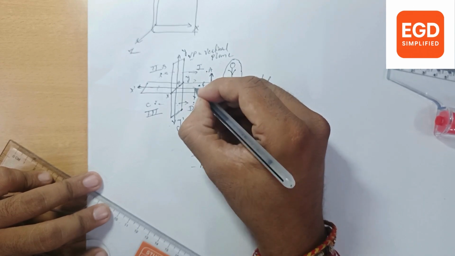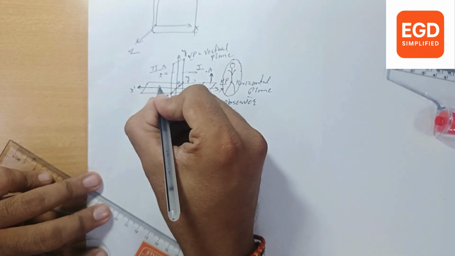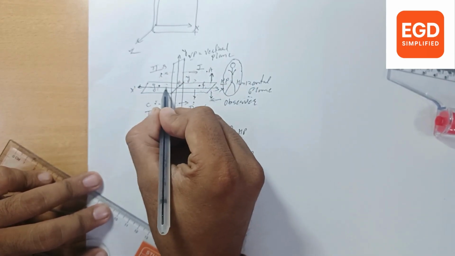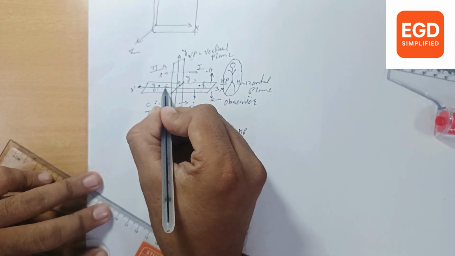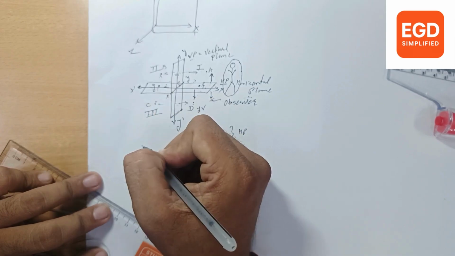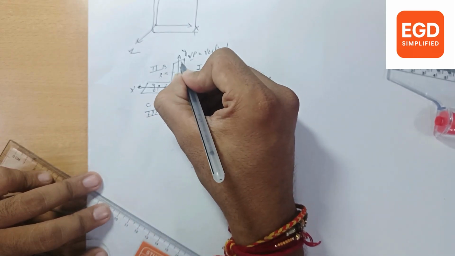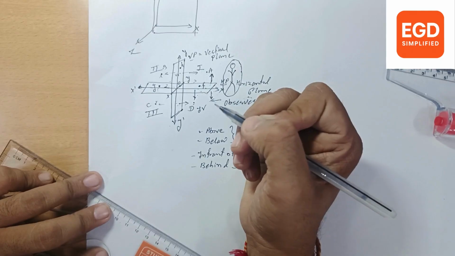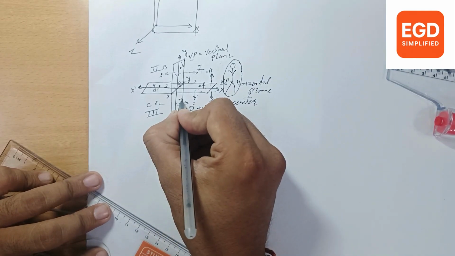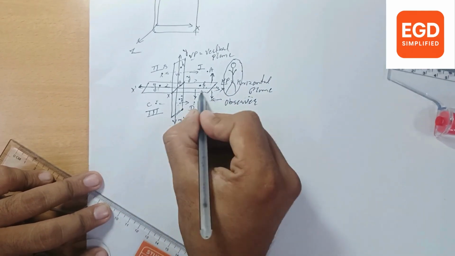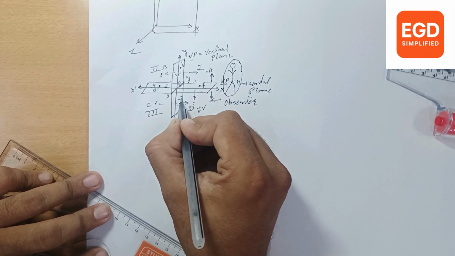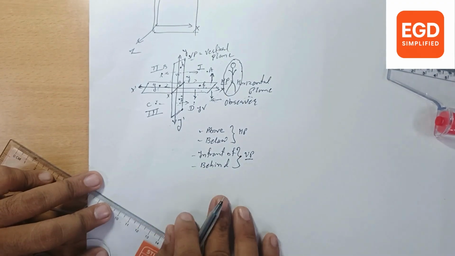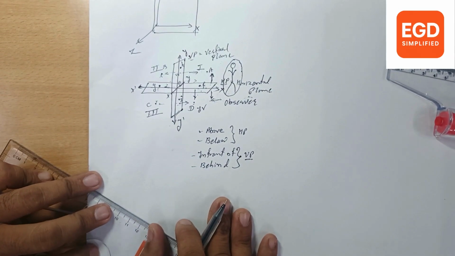So we can say on HP and in front of VP. Suppose our point G is here. So we can say on HP and behind VP. Suppose point H is here. So we can say above HP and on VP. Point I is here. So we can say it is below HP and on VP. By this we can locate our points.